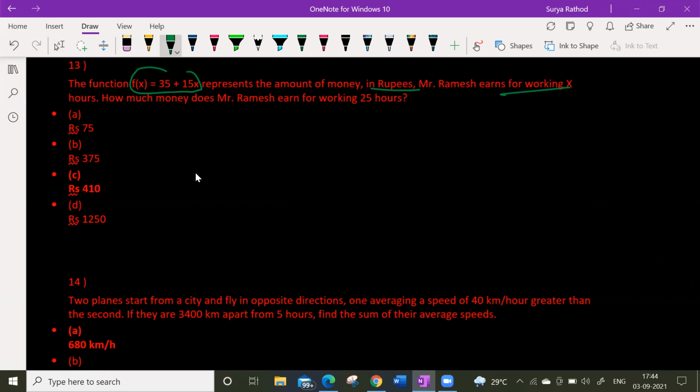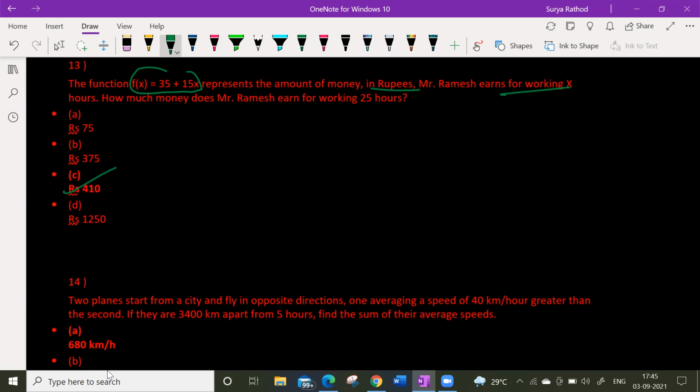How much money does Mr. Ramesh earn for working 25 hours? Very simple. So 410 rupees.